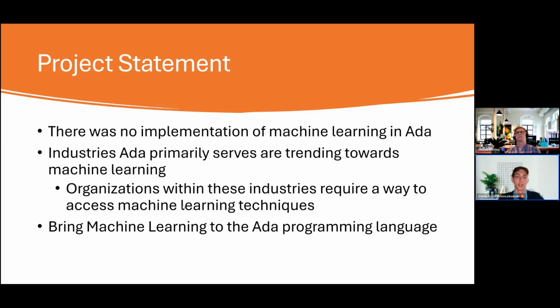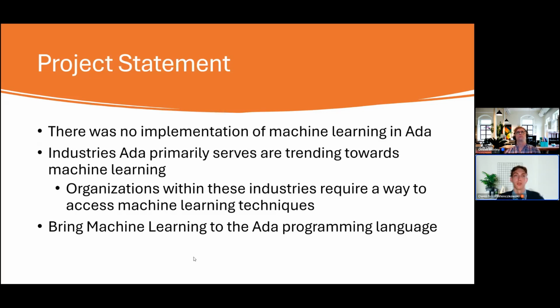So these organizations were left with the decision to either go without machine learning, if they use Ada, or convert to a different language that can leverage machine learning techniques.